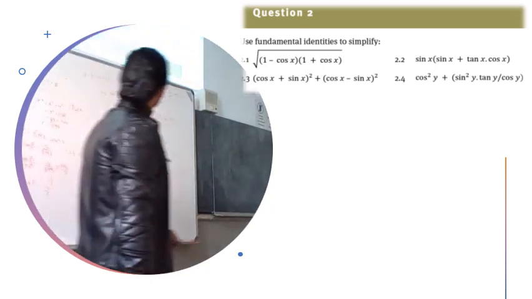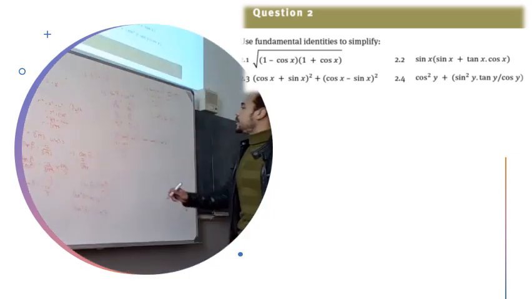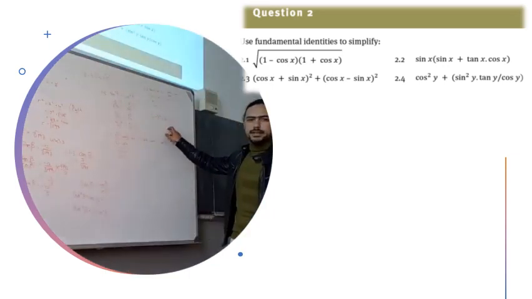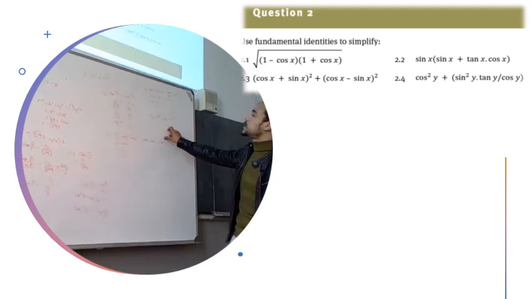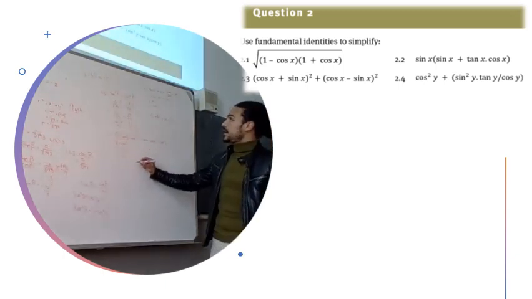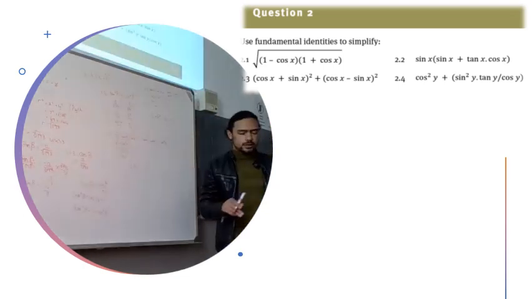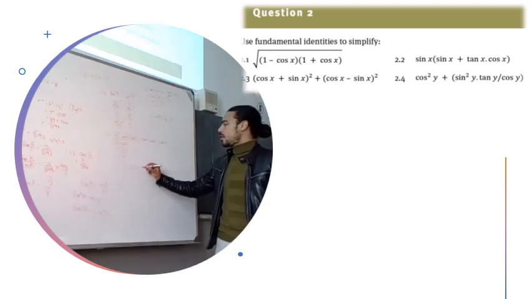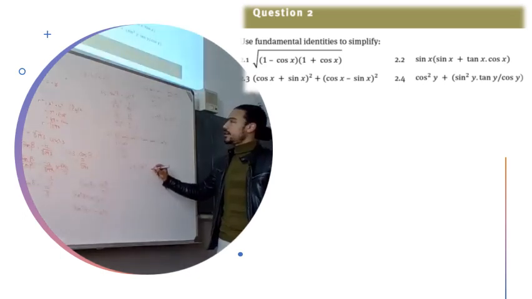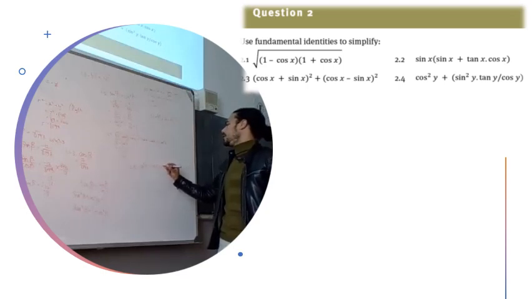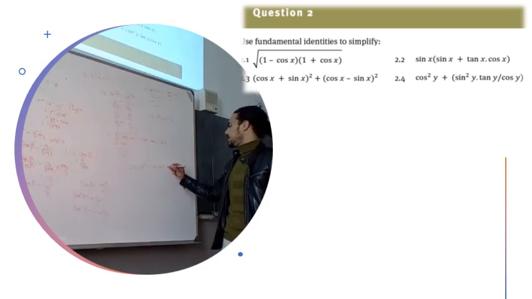All right. So what we can do here, we're working from this identity. If I expand 2.3, I'm going to write out the expansion first. That's going to be cos squared of x plus 2 cos x sine x plus sine squared of x.